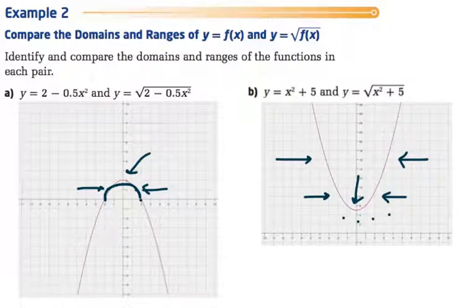So one right about there, and one right about here. Since we have no x-intercepts, no stopping points, this square root function will actually continue on in both directions. It'll look something roughly like this.